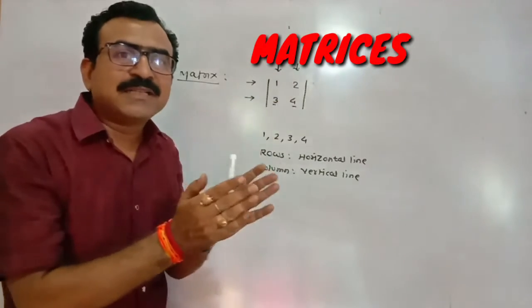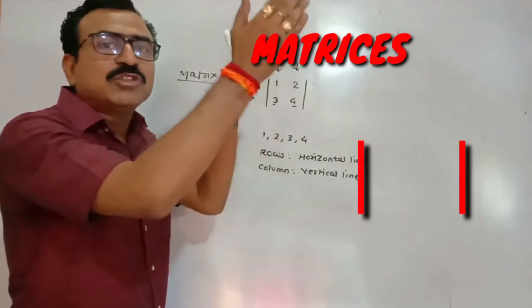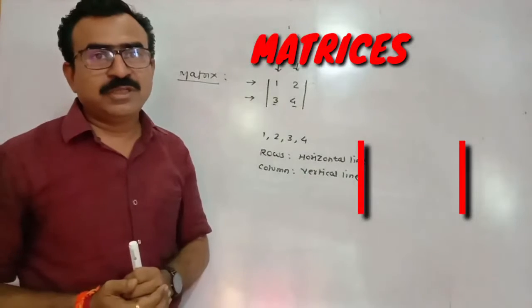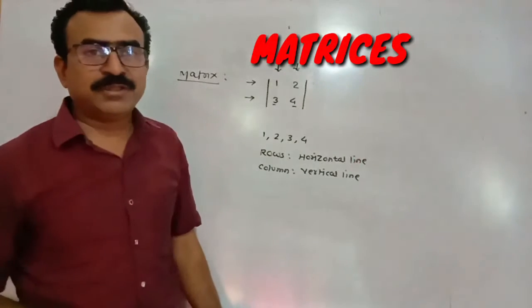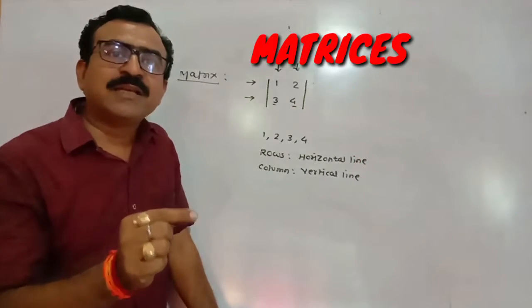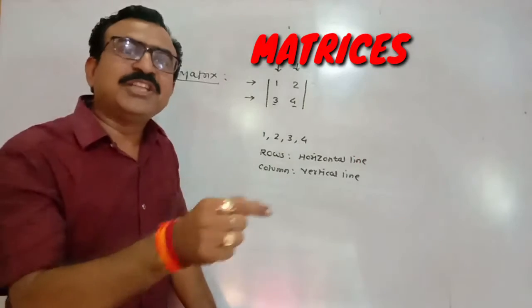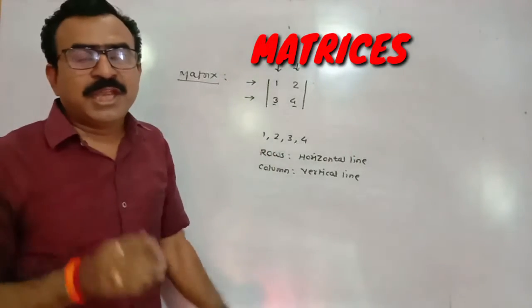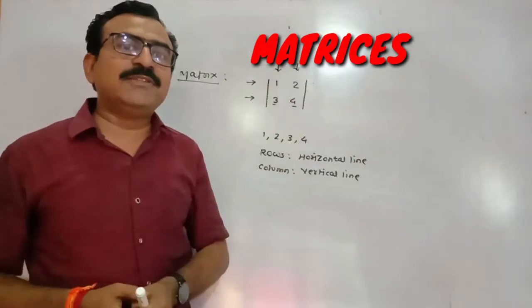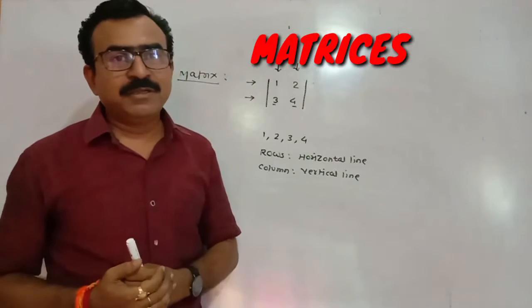And after that, this arrangement is enclosed between 2 parallel lines, and this is called a determinant. Or in simple words, the arrangement of numbers in rows and columns enclosed between 2 parallel lines is called a determinant.